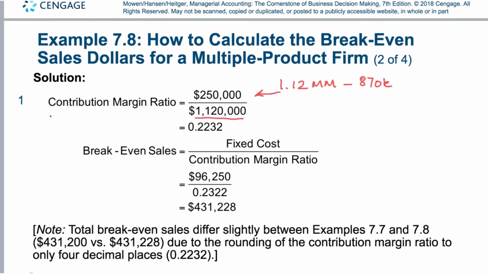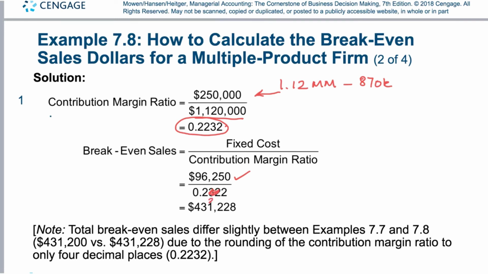Divide that by our revenue of 1.12 million, and that gives us our contribution margin ratio of 0.2232. We had our fixed cost given as before of 96,250. Divide that by the 0.2232.